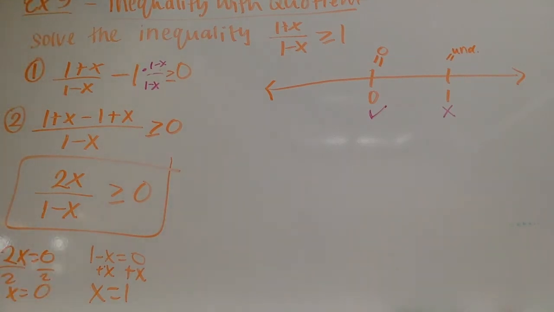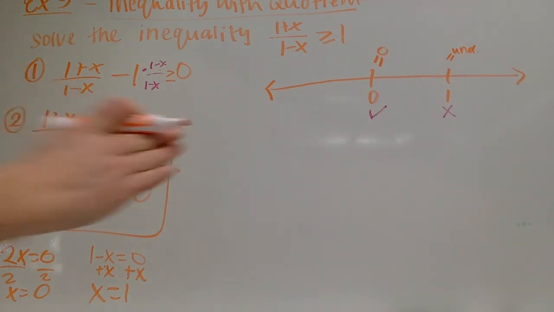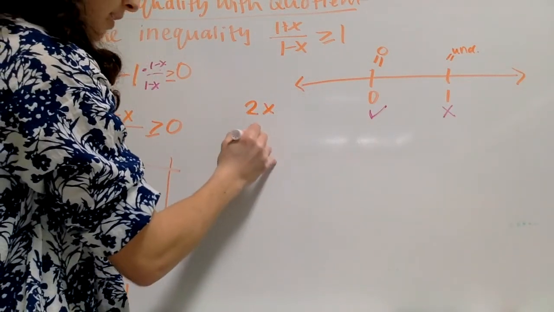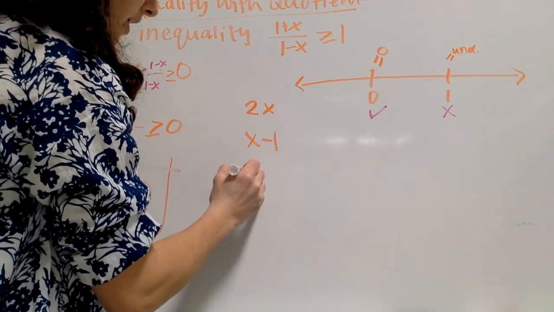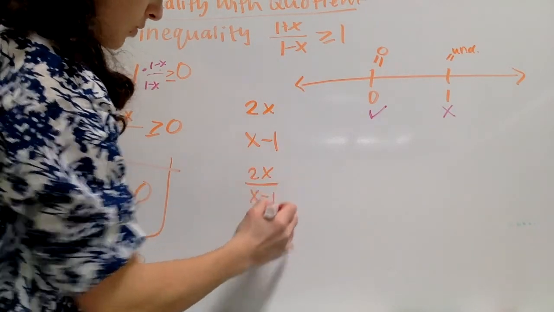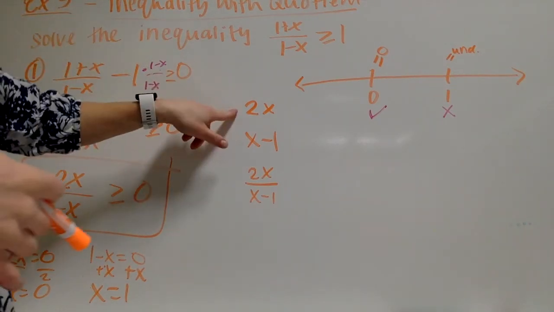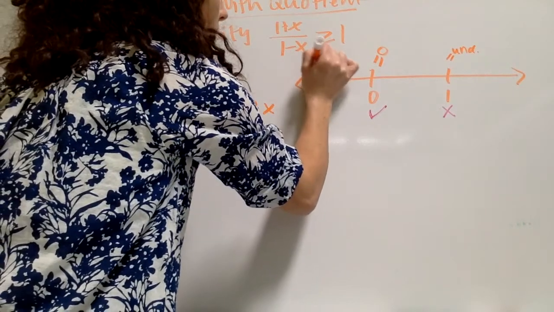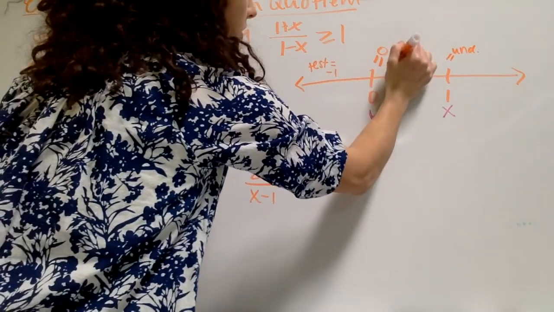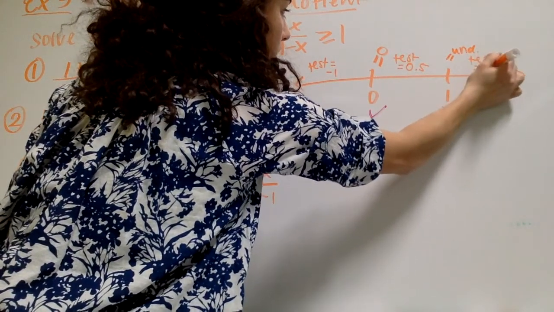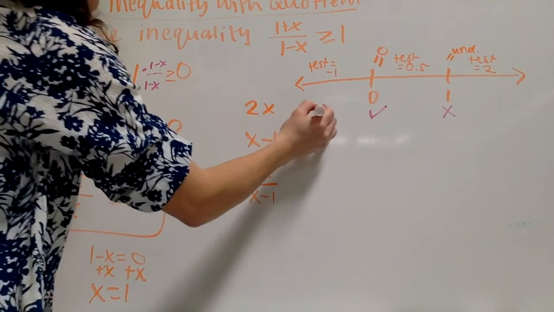All right, and now we can start testing those spots. So we need the sign of 2x and the sign of x minus 1, and then we need the sign of 2x divided by x minus 1. Okay, which is the same rules as multiplication. So let's do a test value of -1 and a test value here of 0.5, and then this test value is 2. So when we plug in -1, we get a negative here.